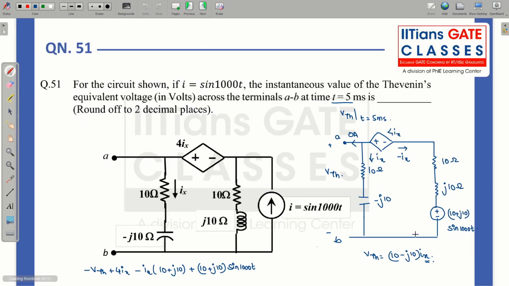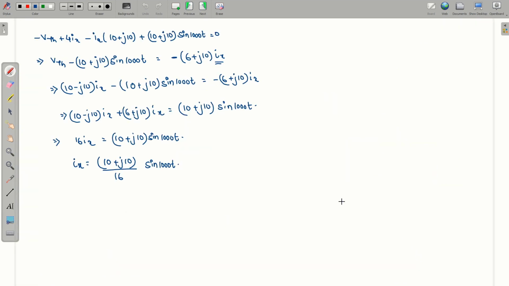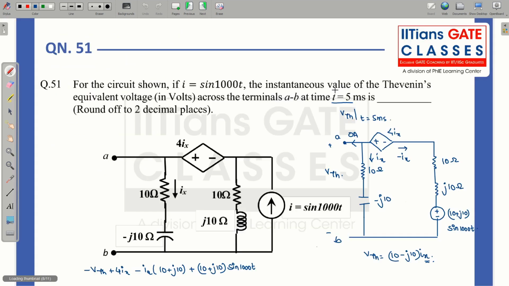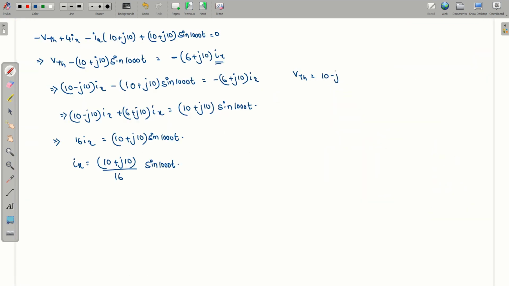So VTH is what? VTH is equal to (10 minus j10) into Ix, where Ix is (10 plus j10) by 16 into sine 1000t. So this will be (10 square plus 10 square) by 16 sine 1000t.